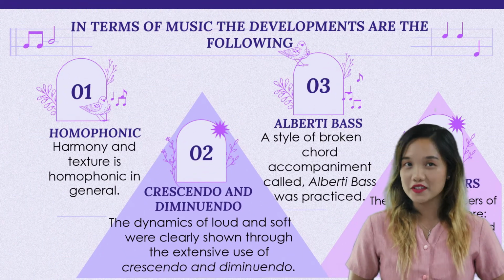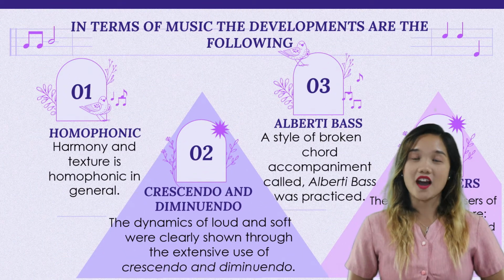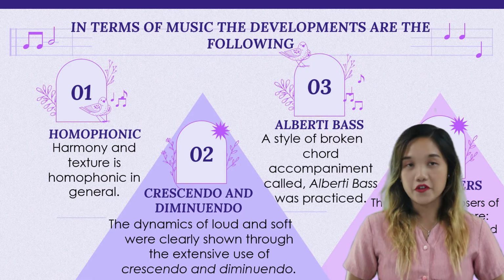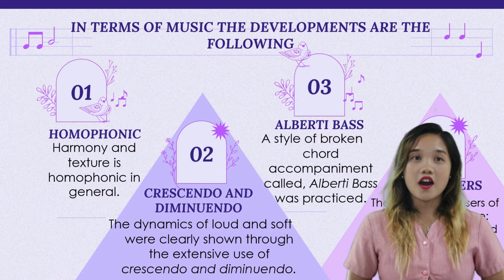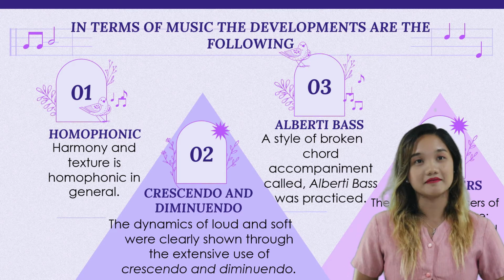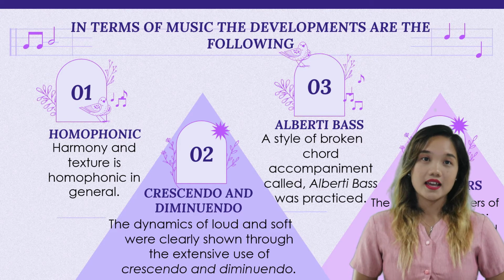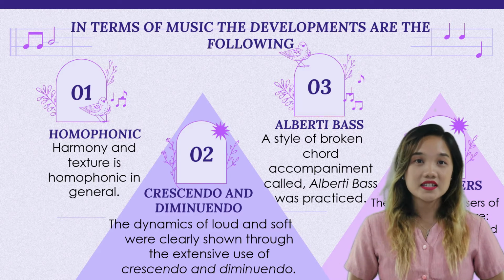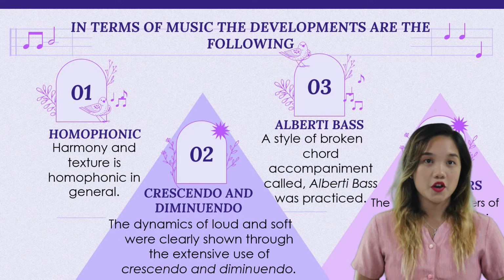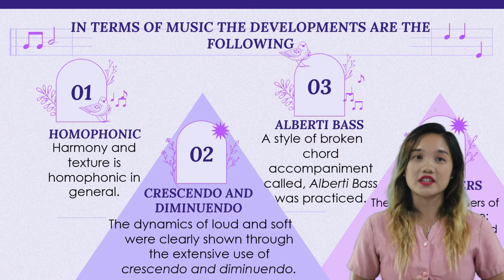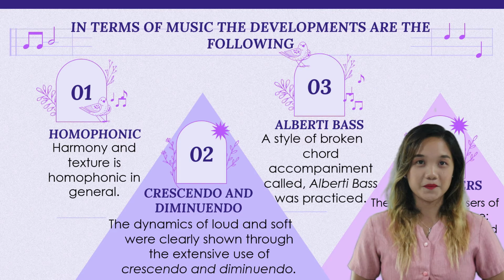In terms of music, the developments are the following. First, homophonic. Harmony and texture is homophonic in general. The second is the crescendo and diminuendo. The dynamics of loud and soft were clearly shown through the extensive use of crescendo and diminuendo.